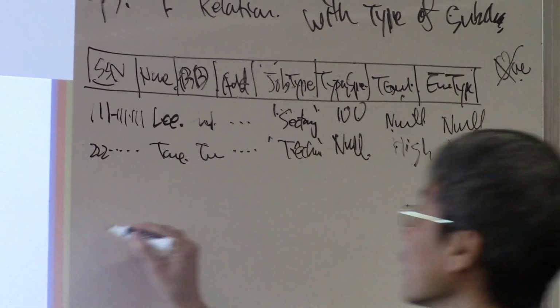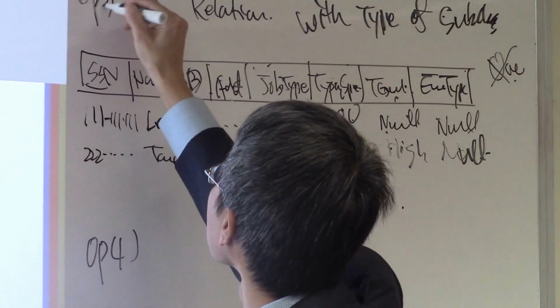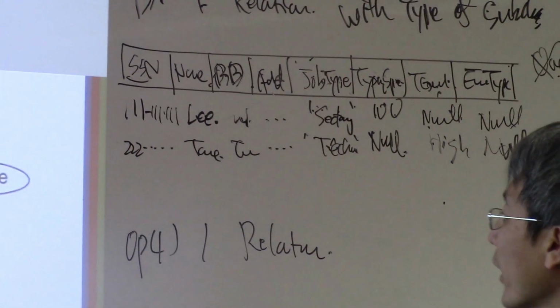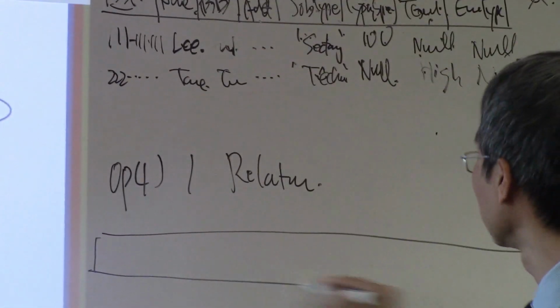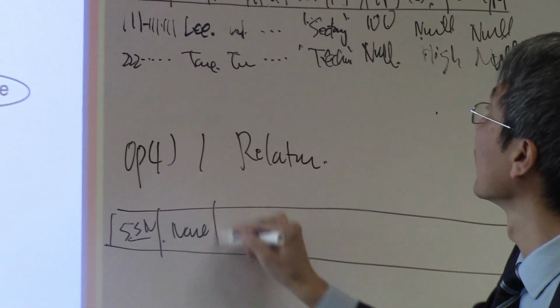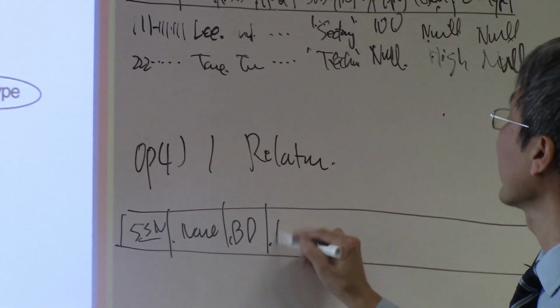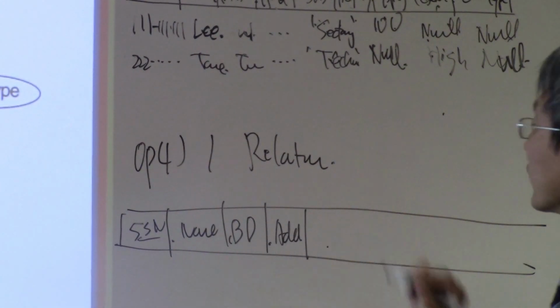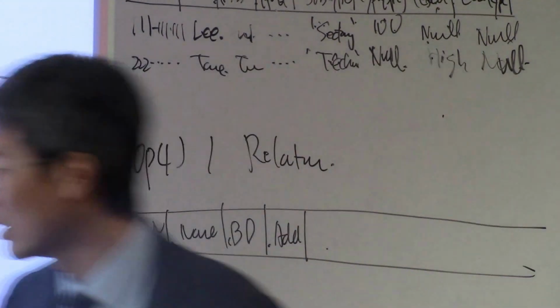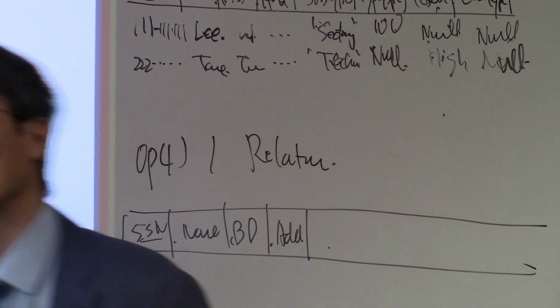How to address that one? There is another option, this is 3. So one relation. Same thing, one relation: SSN, name, birth date, address. Then instead of job type, we are going to ask whether you belong to secretary or not.